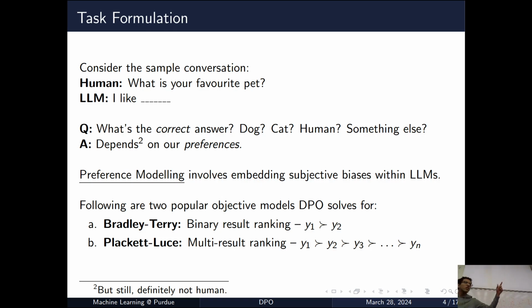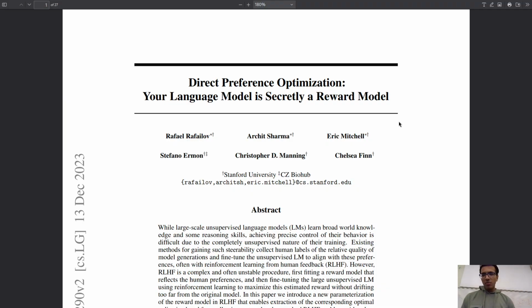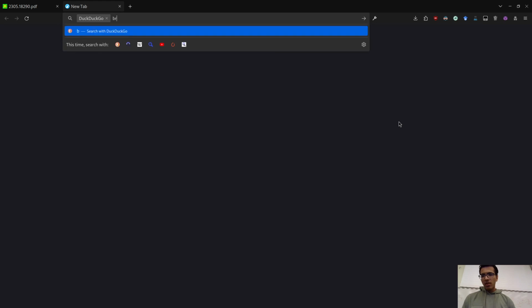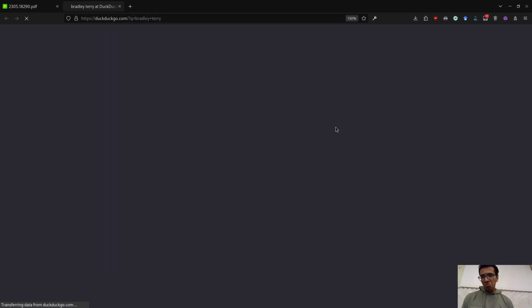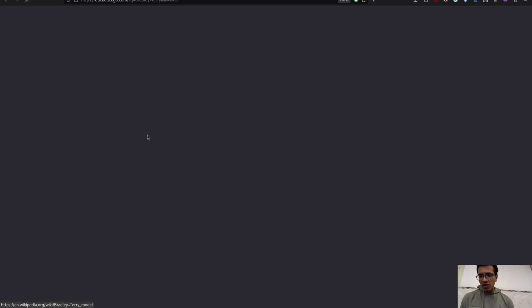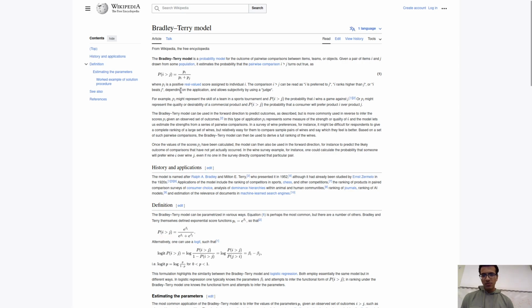Question: where did those names come from? Bradley-Terry, they're the people that developed it. It's like Brad, a long time ago. I don't know, I take it for granted. But if I had to look it up, maybe I can find something. Bradley-Terry... probability model.